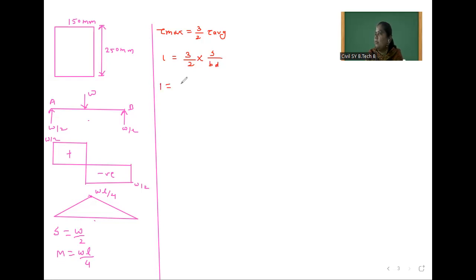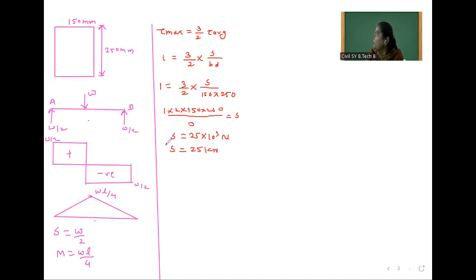So 1 is equal to 3 by 2 into S, where B is 150 and D is 250. So 1 into 2 into 150 into 250 divided by 3 is equal to S. S is equal to 25 into 10 raised to 3 Newton, and in kilonewton, S is equal to 25 kilonewton.